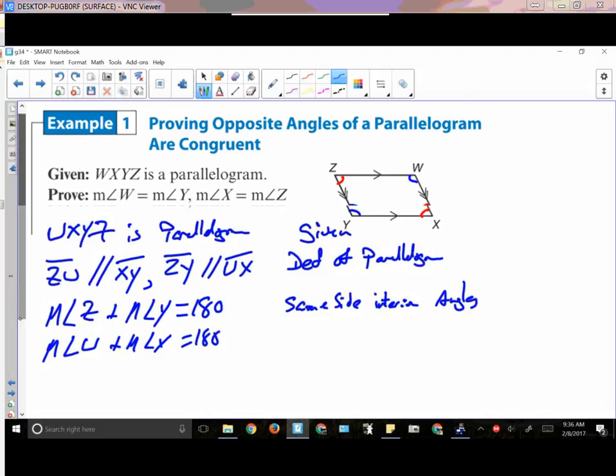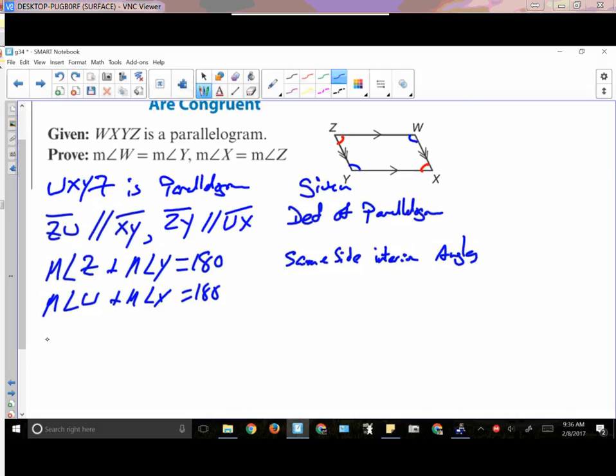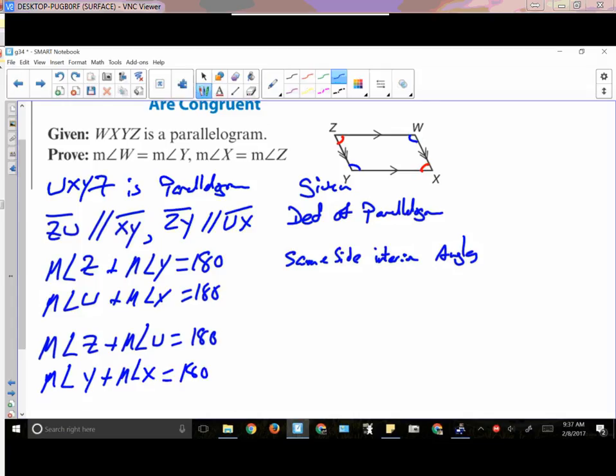Does that then imply that I can take the measure of angle Z plus the measure of angle W is equal to 180 degrees? Because they're on the same side, correct? And that the measure of angle Y plus the measure of angle X is equal to 180 degrees?